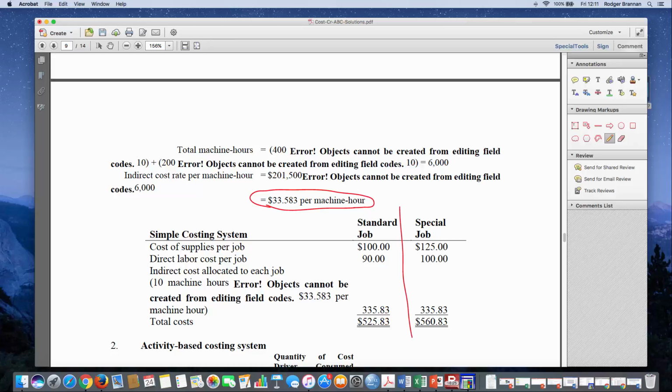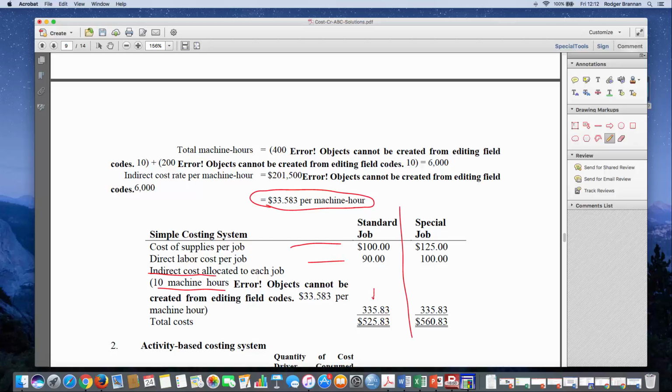I've identified the amount of supplies or direct materials. I've identified the amount of labor in each job. And because there are 10 machine hours in each job, and this is the tricky part, each job, regardless of its complexity, requires 10 machine hours.